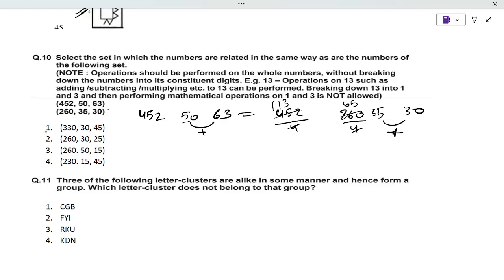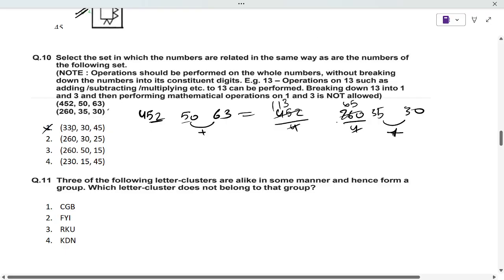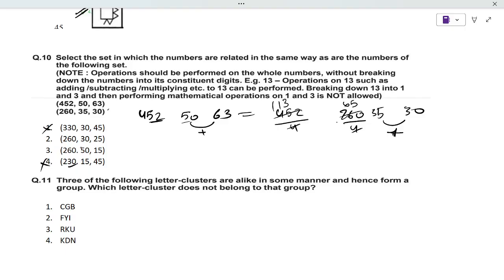Here 330 is not divisible by 4. How do we know that it's divisible by 4? Just check the last two digits. 52, right? In this case 52, the last two digits. So this must be divisible by 4. So 52 is divisible by 4 or no? But 30 is not divisible by 4, so omitted. 260 is divisible by 4.